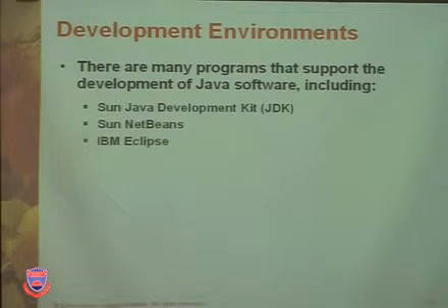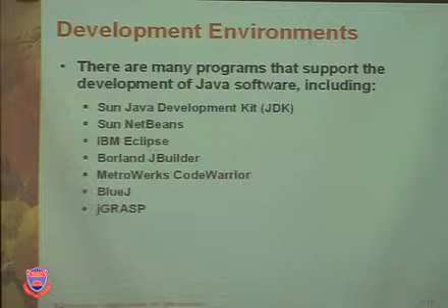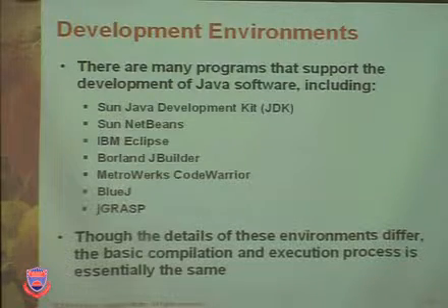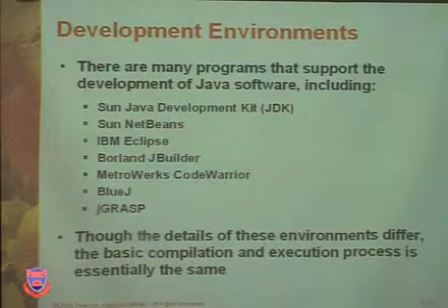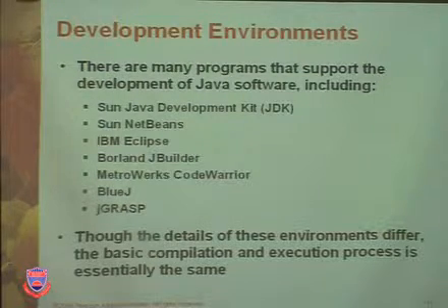Whenever you write your code, there are various environments that you can use to implement your software. These are just examples: IBM Eclipse, Sun JDK, Borland JBuilder, JCreator, as we use in the classrooms, or other software available for you to execute and run your code in Java.